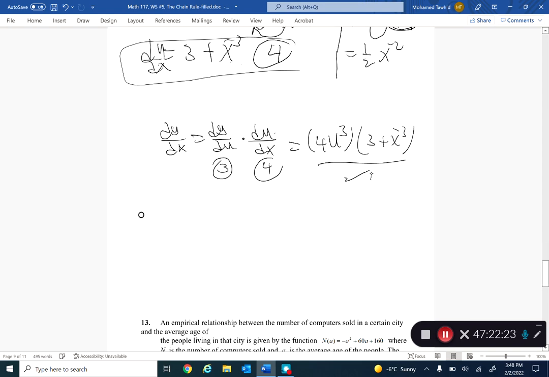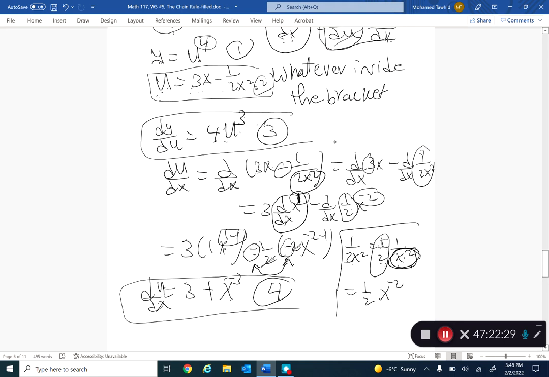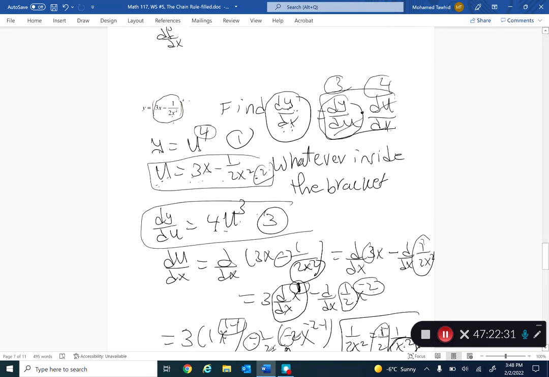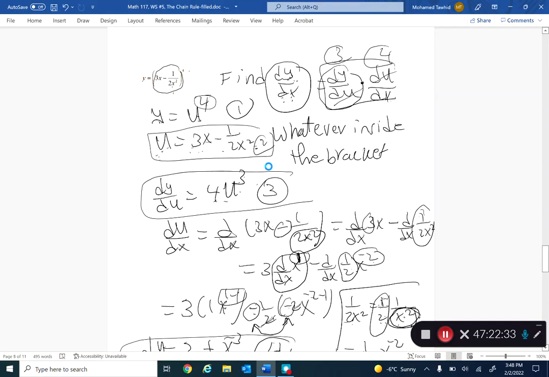You can leave it like this, it is okay. If you want, you can replace u by the function. Remember I said u is like a bridge, so at the end they are not going to see u. What is u? 3x minus 1 over 2x squared. That's equation 2, whatever is inside the bracket.